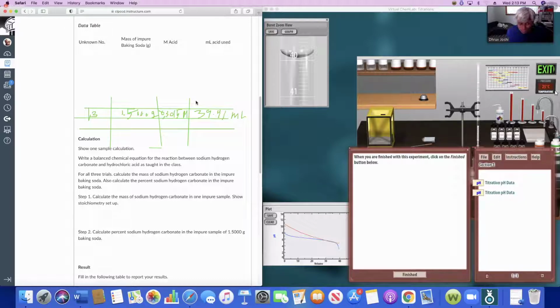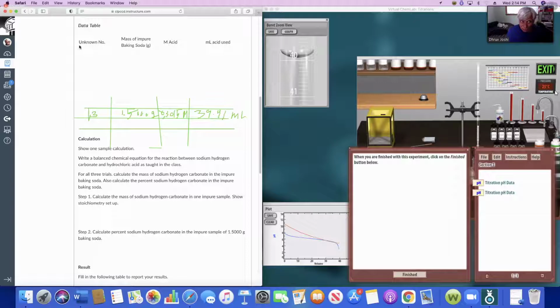In this case, it is going to be liters to moles, to grams. That is your solution map. Liters of acid, to moles of acid, to moles of sodium hydrogen carbonate, to grams of sodium hydrogen carbonate, SHC.